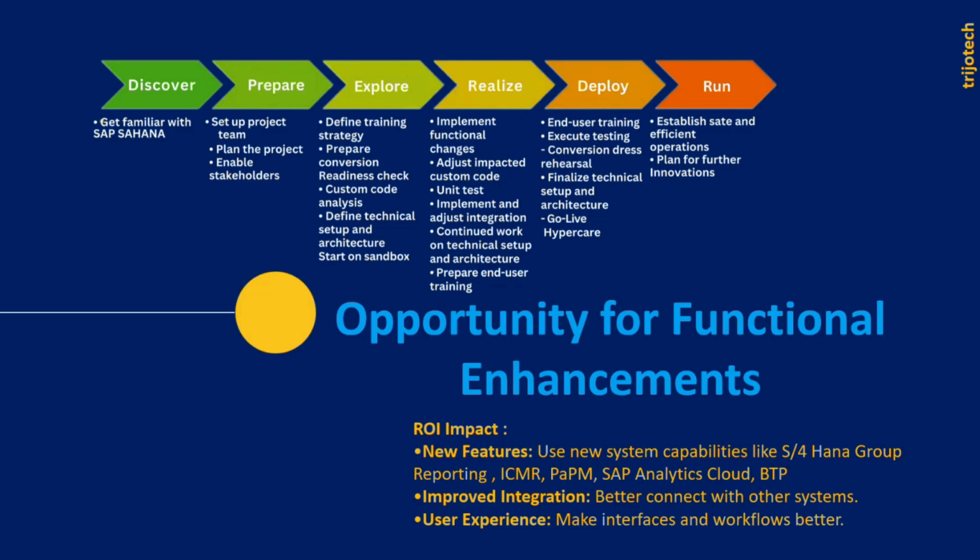But now SAP S4HANA comes with a lot of inbuilt functionalities, enhanced functionalities, I would say, which will address those things also by eliminating a lot of middleware systems. So group reporting, PAPM, and there is some advanced analytics. So ICMR, intercompany management. This is one of the biggest headaches for many of the organizations. Matching the intercompany transactions.